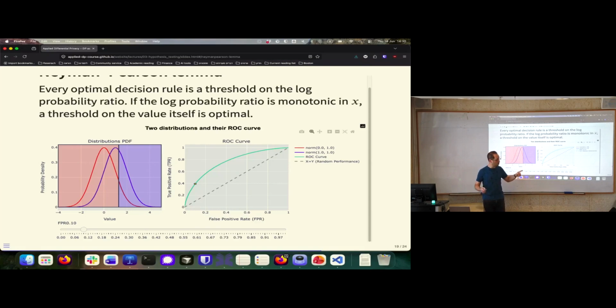Now, reminding you, the trade-off function is not a function of the decision rule. It's only a function of the distributions. Right? So, the moment I define the two distributions, I define the ROC curve, the trade-off function.